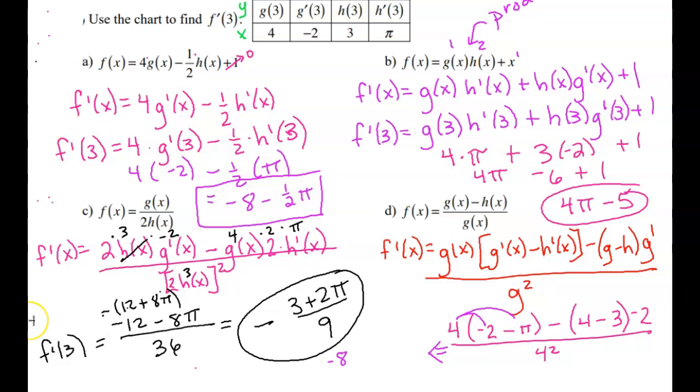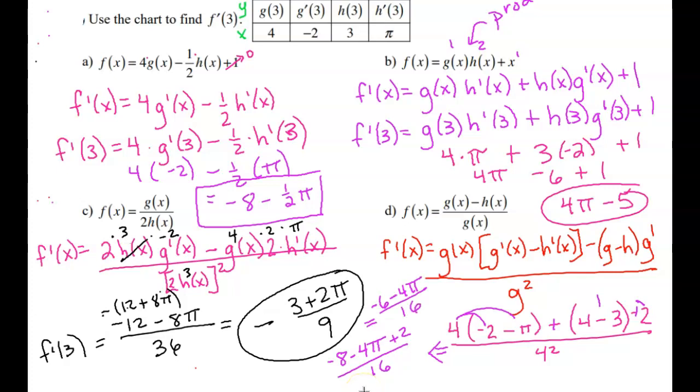Negative 8 minus 4 pi. I've got 2 negatives, so I'm going to distribute. What is that? 4 minus 3 is 1. 1 times 2 is 2. All over 16. So what do I get? Negative 8 plus 2 is negative 6 minus 4 pi all over 16.